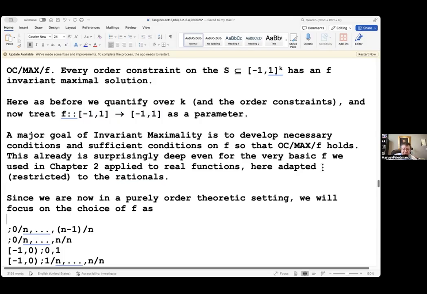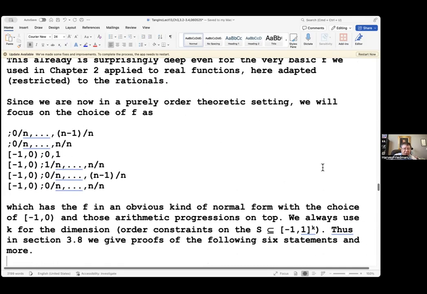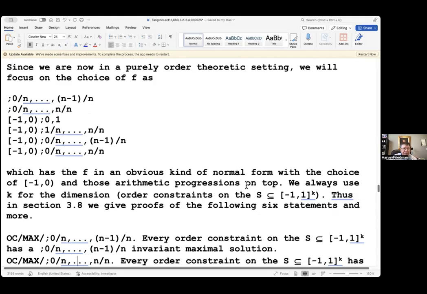Since we are now in a purely order theoretic setting, we will focus on the choice of F as these functions. I think I explained these notions in previous lectures. These are particular functions. This is the function that's the identity on the interval and maps each one of these fractions into the next one. And these are restrictions of this function to somewhat smaller domains.